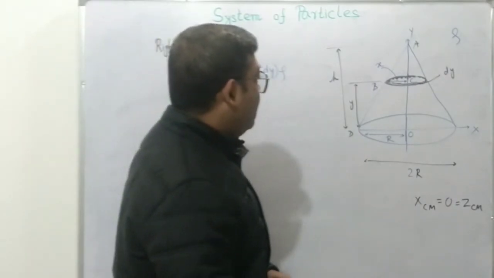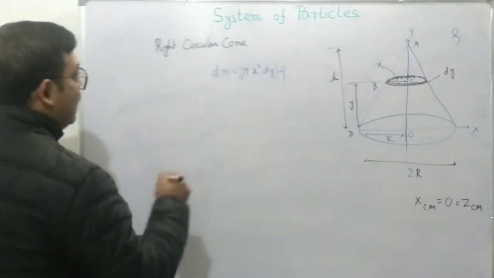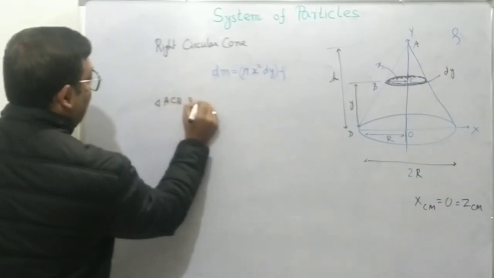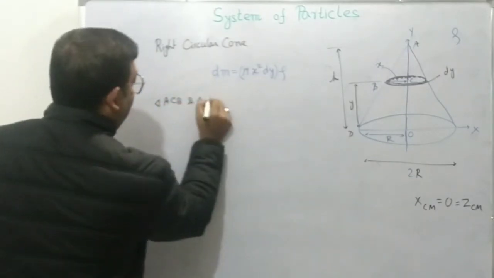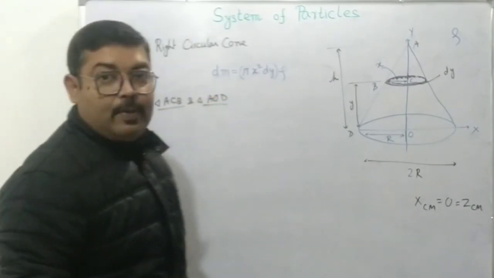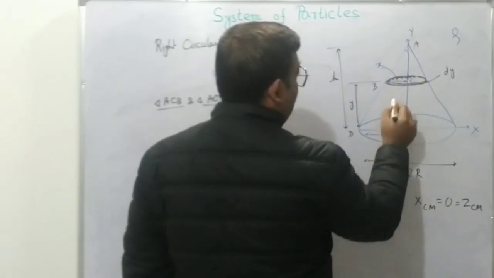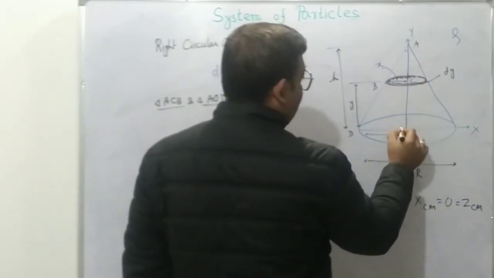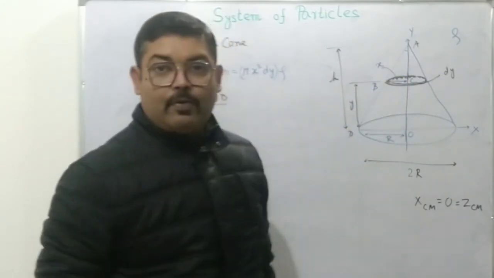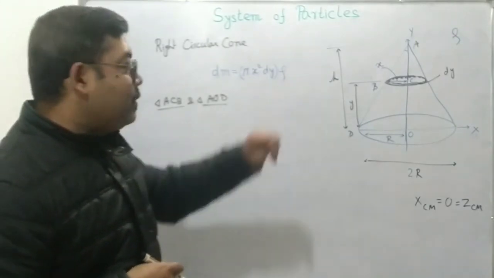So to do that, we will look at the geometry of it. Let us say triangle ACB and triangle AOD. These two are similar triangles. Why? Because this is the common angle, and these two angles, angle O and angle C, have to be right angles. If two angles of two triangles are the same, then they have to be similar.